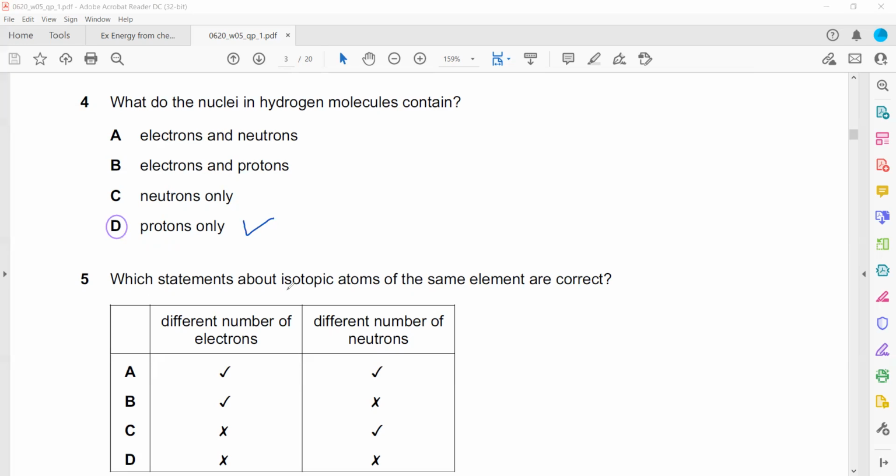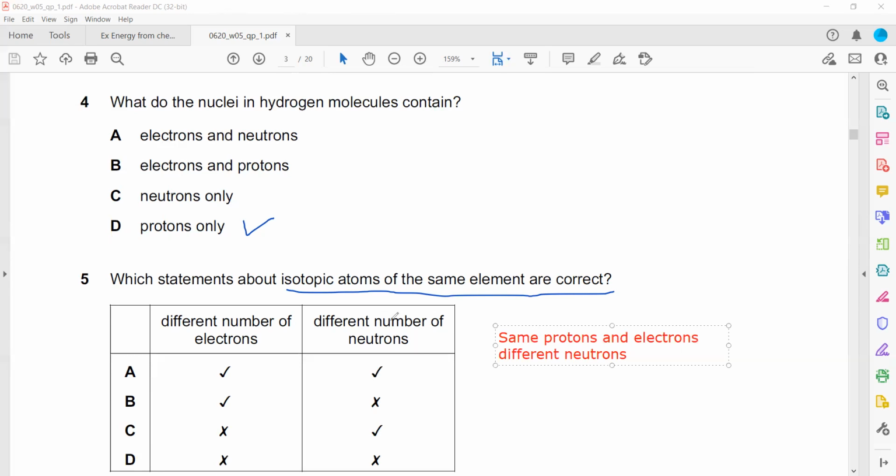Question 5. Which statement about isotopes is correct? They have different numbers of electrons, yes or no? And they have different numbers of neutrons. So the correct answer: isotopes have the same number of electrons and protons. If you check the definition of isotope, they have the same protons and electrons, and they have different neutrons.